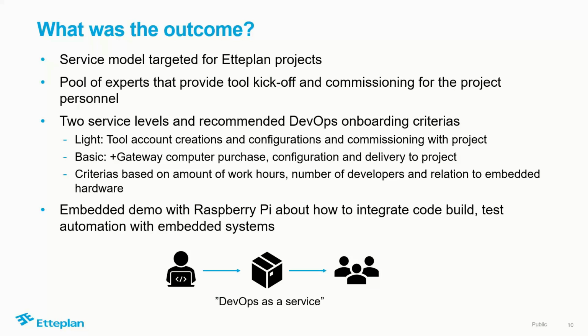And then the second part of that light package is also this commissioning with the project personnel, showing the project people that, hey, you now have this tool set in use, and this is how it works in practice. And with those commissioning sessions, we also show the same video that we are showing you today. So basically, that is one part of the commissioning with the project.